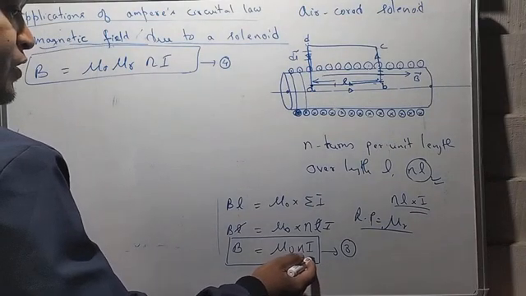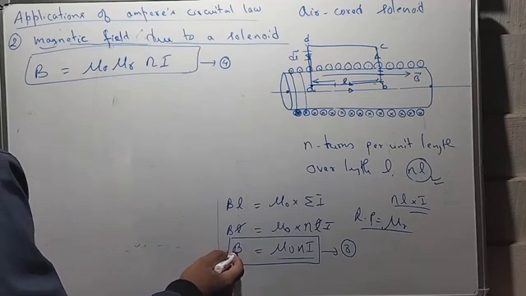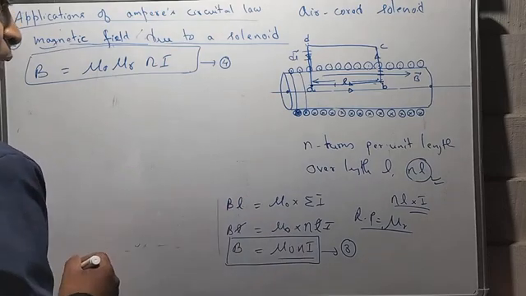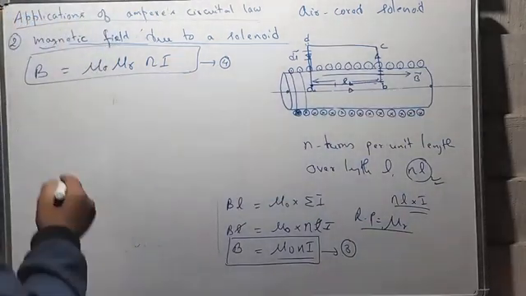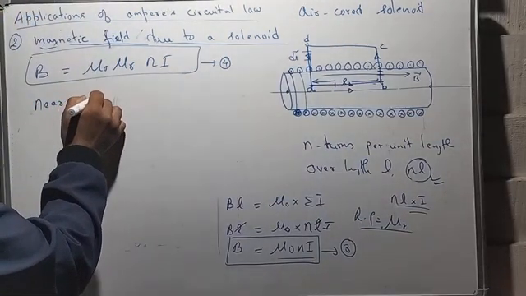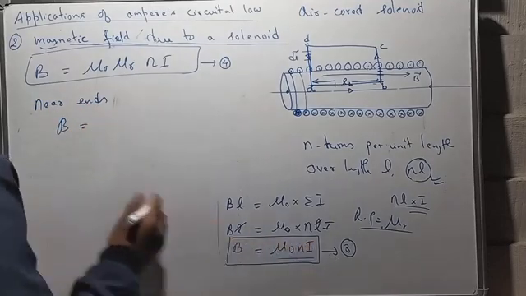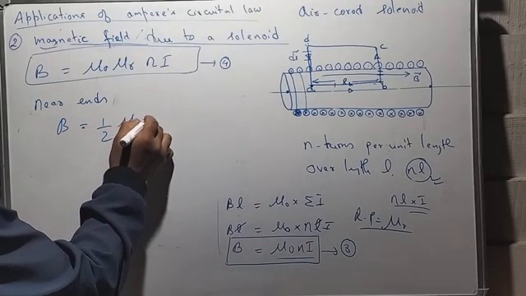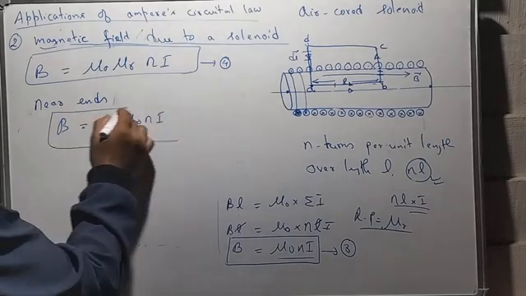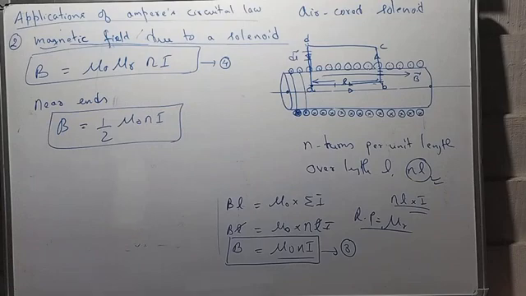We have seen from equation 3 that the magnetic field due to an air core solenoid is mu naught n I. But near the ends of the air core solenoid, the magnetic field is equal to half of this, that means half mu naught n I. This is the expression of the magnetic field near the ends of the air core solenoid. I hope you have understood this topic regarding the application of Ampere's law to find the magnetic field due to an air core solenoid.